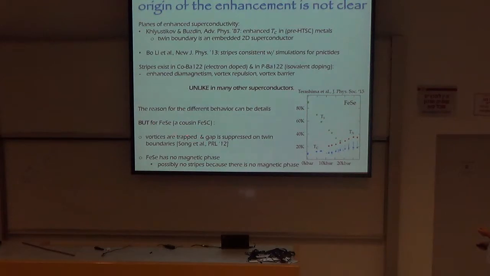This other compound that I showed you before, the iron selenium, in that material, vortices are trapped by twin boundaries. One of the main differences between that material and our material is that that material doesn't have magnetic fluctuations. So it's possible that when you suppress magnetic fluctuations, twin boundaries act as traps, and if we don't, then they repel.